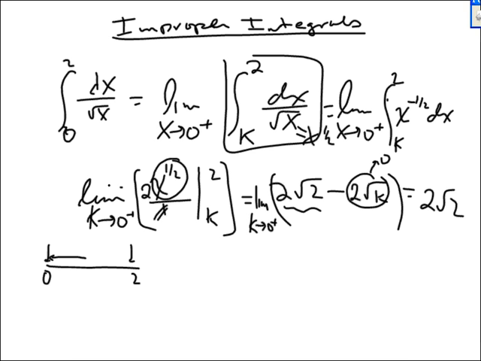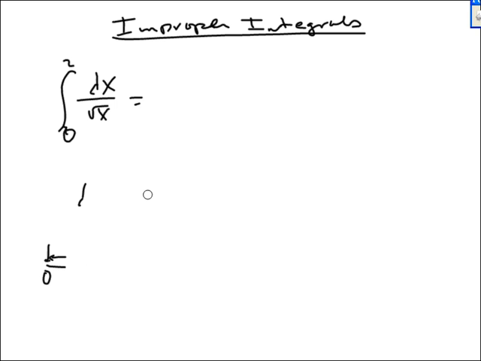Alright. Let us actually do this problem once more with that one minor change that I mentioned. Instead of going from 0 to 2, we're going to go from negative 2 to 2. Actually, we can't, because you can't take the square root of negative numbers.